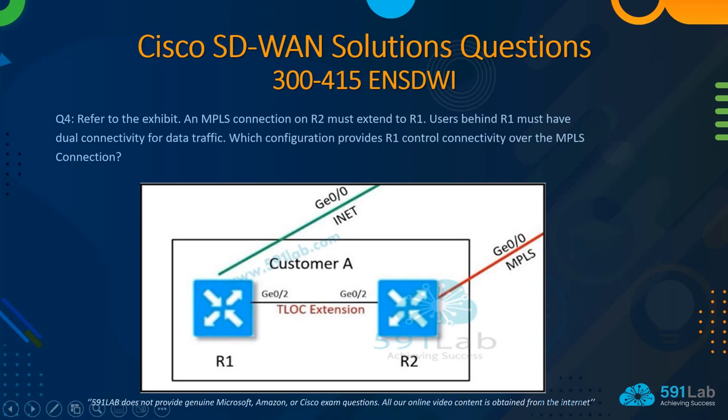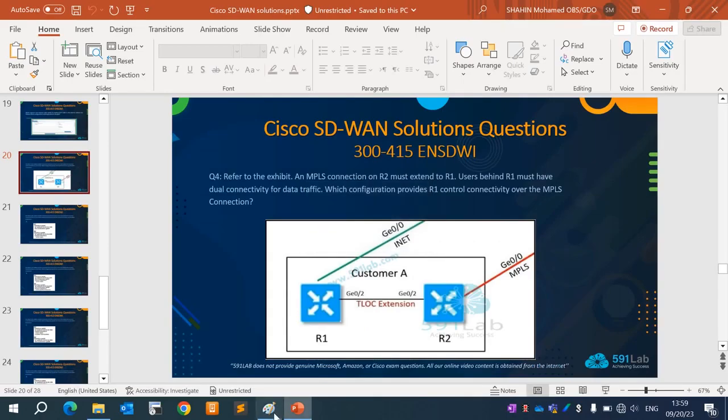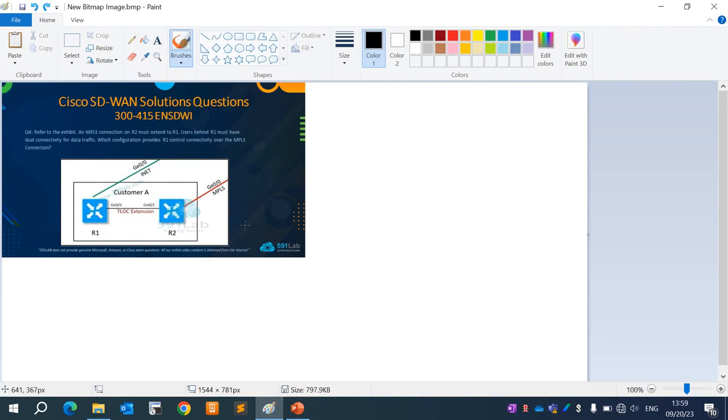For this, I prefer to use the whiteboard. Let's take it here. We need to extend this MPLS color to R1, so that R1 has dual connectivity.